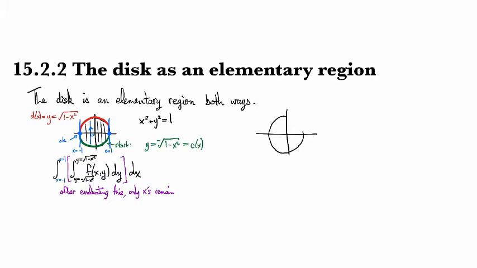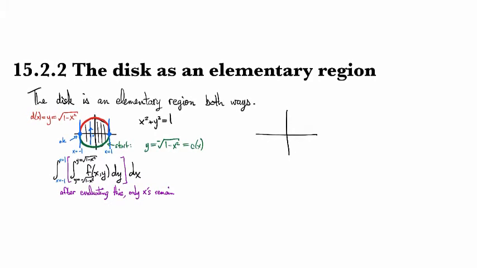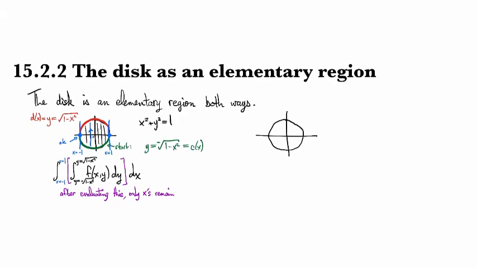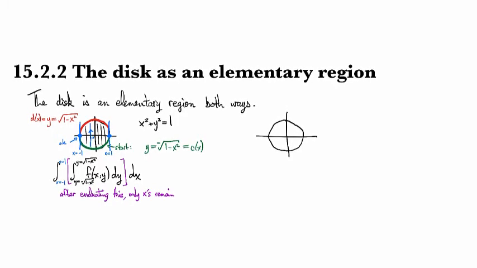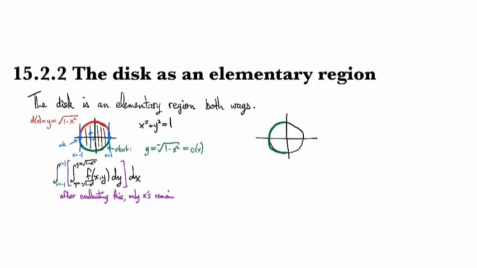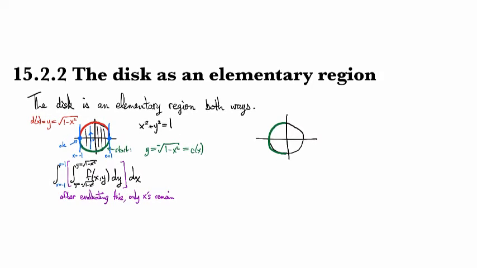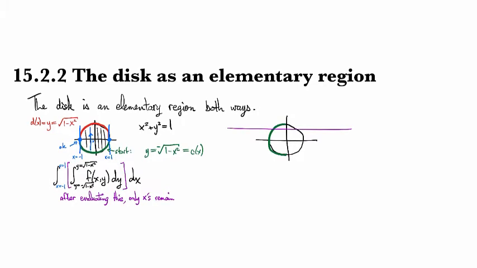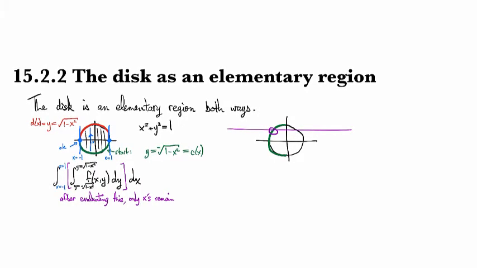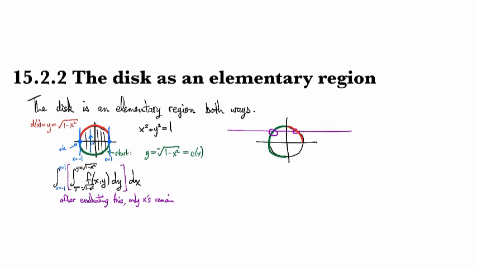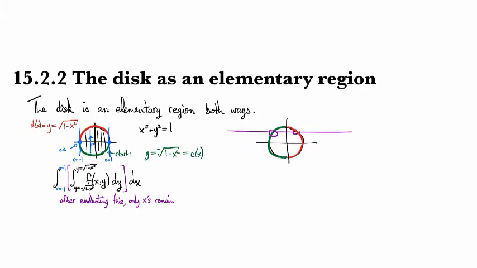And you can see just by the symmetry, well, that's the least symmetric circle I've ever drawn, but okay. So you can see by the symmetry of the disk that we could do exactly the same thing, this time starting on the left. So that's our starting curve. And when I say starting curve, I just mean if you imagine anything going from left to right, zap through the object, where's the first place that it hits, where's the last place that it hits, that tells you what your starting and ending curves are going to be.